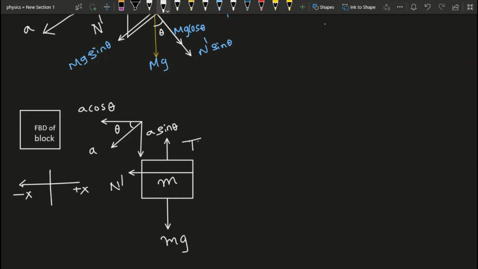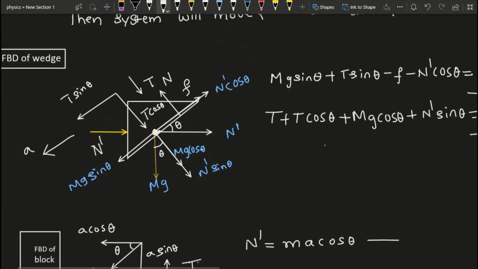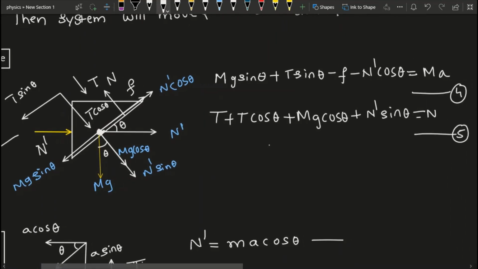So now if you observe that situation, n dash can be written like this: n dash is equal to mass multiplied by acceleration in the direction, which is a cos theta. So we have completed. This is the equation number 6.